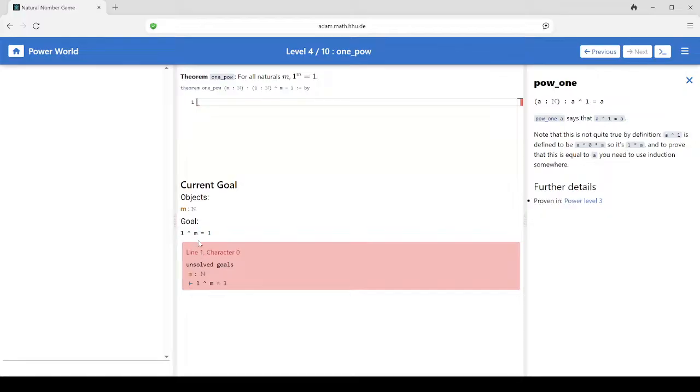One to the power of m. Do we need to use induction, or am I going too complicated too fast? Because if m equals 0, then the answer will be 1.